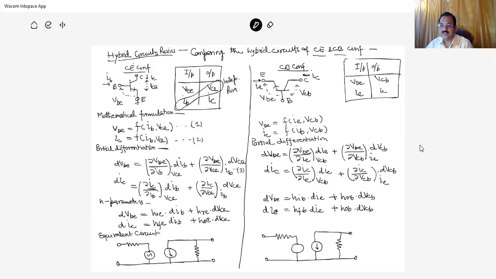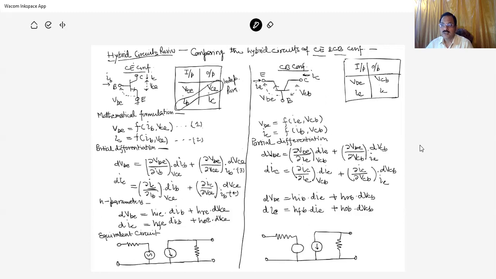And the partial differential of the collector current: dIC equals delta IC upon delta IB into dIB at VCE constant, plus delta IC upon delta VCE at constant base into dVCE. This is equation 4.